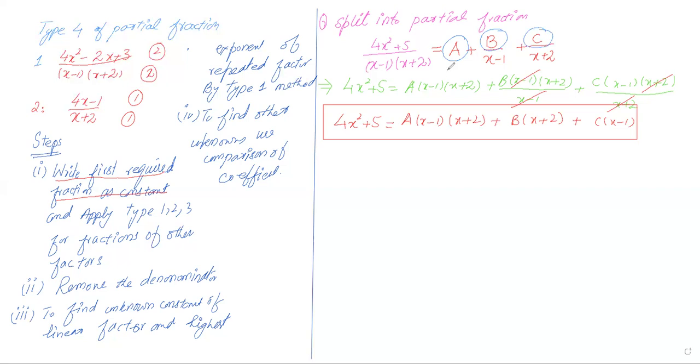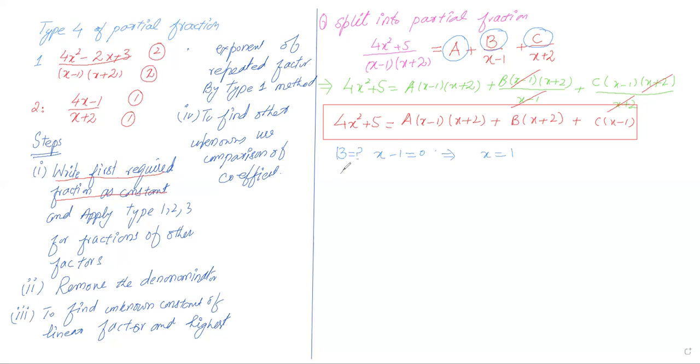To find the values of B and C, because they exist with a denominator, I will first find the value of B by putting its denominator equal to 0, finding the value of x, and putting that value of x in the equation. The value of x becomes 1.